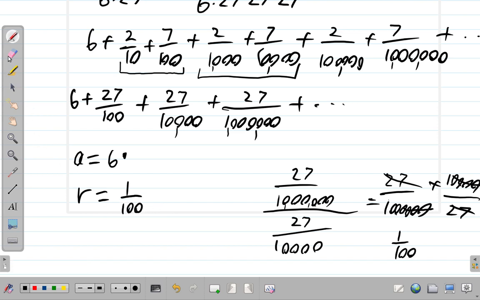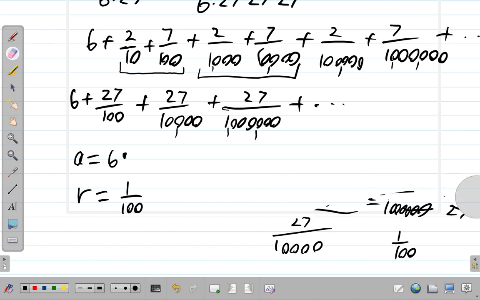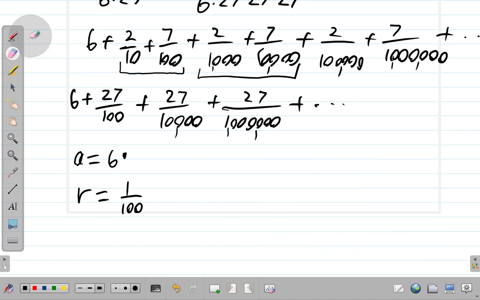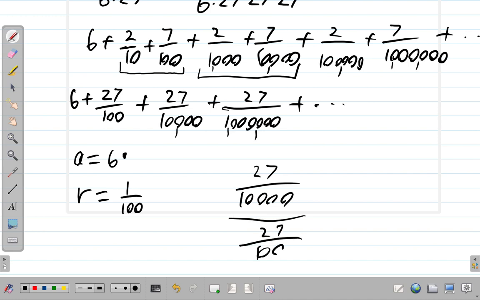If we want to make sure that this is really the common ratio, just to make sure there is no error, a while ago we divided this by this. Let's now divide this by this and see what we get. 27 over 10,000 divided by 27 over 100.